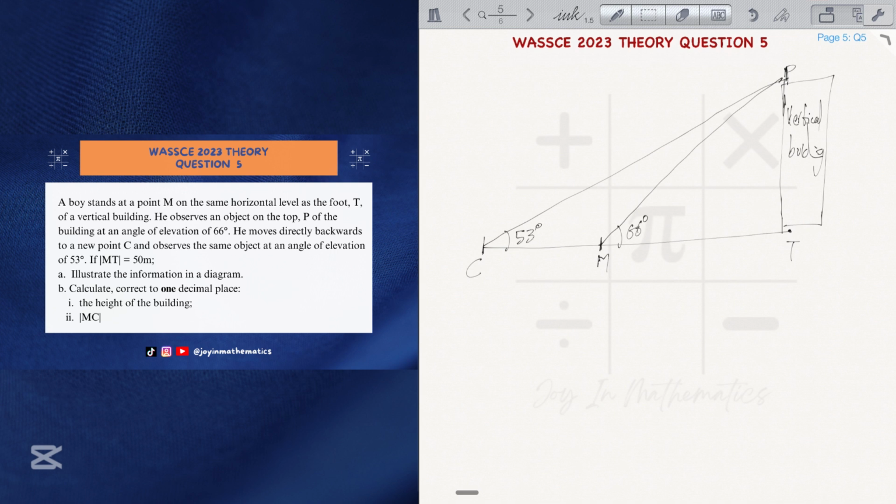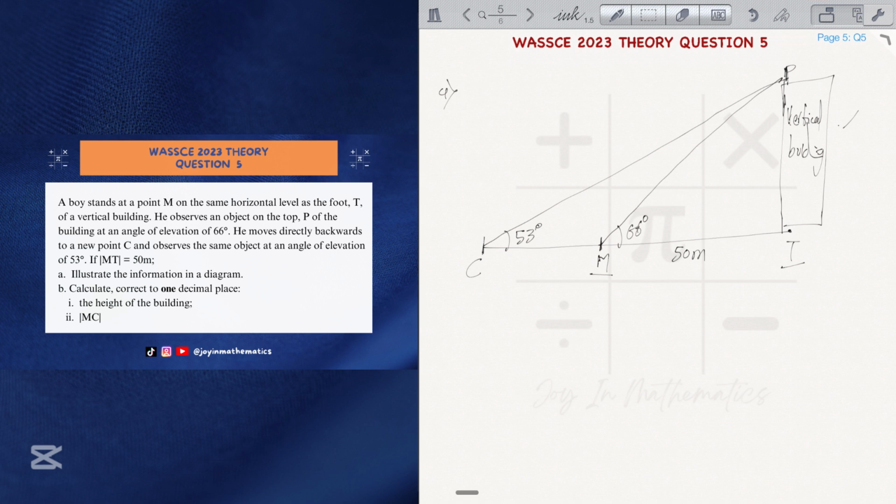Now we're given that MT is equal to 50 meters. And the first thing they ask us to do is to illustrate this information in the diagram, which we have done. So this is question A. Let's go over the question again. A boy stands at point M on the same horizontal level as foot T of a vertical building.